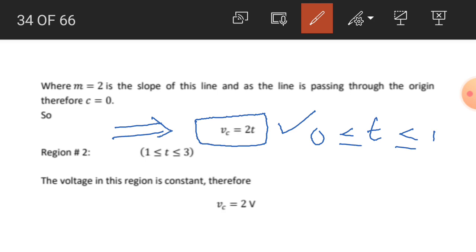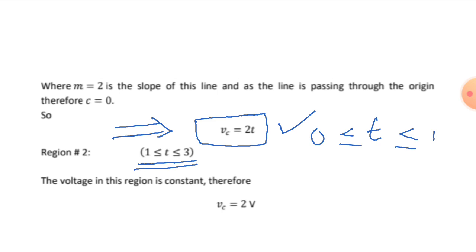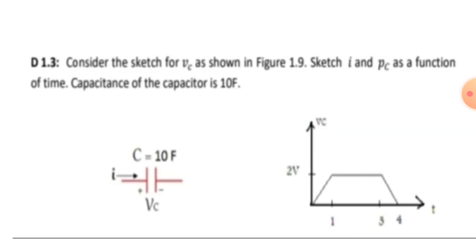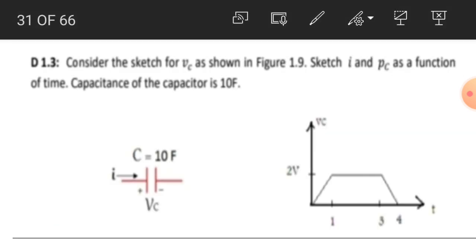So let us consider region number 2, where the time is changing from 1 to 3 seconds. If you consider the voltage across the capacitor in region number 2, you see this voltage is constant with respect to time.